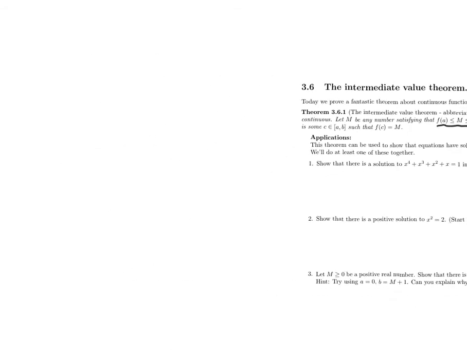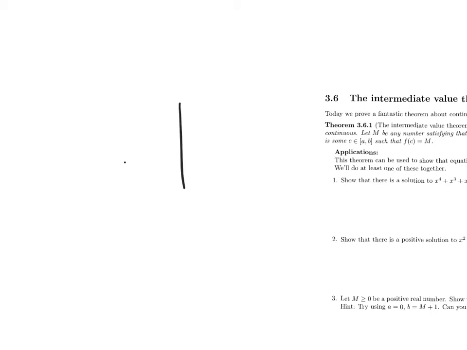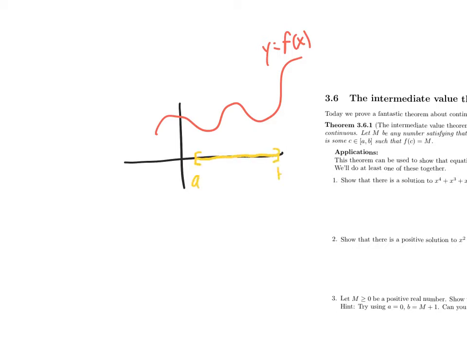So the picture of what this theorem says is, let's suppose you have a continuous function and there's its graph over some bounded interval [a,b]. So there's f(a), here is f(b), or rather the y values are f(a) and f(b).